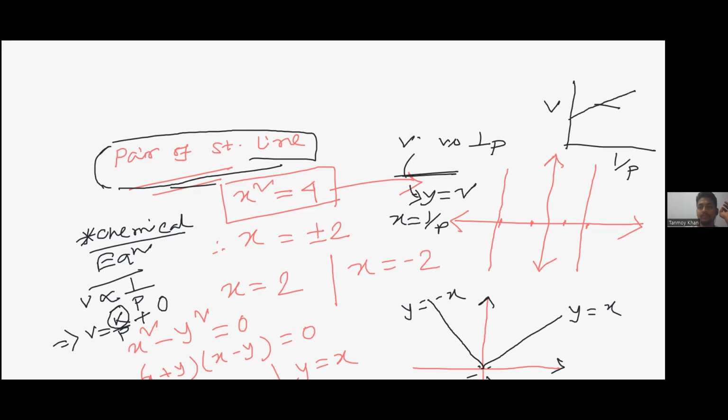The slope will be K, and the intercept will be 0. So this plot is wrong. It should look like this.